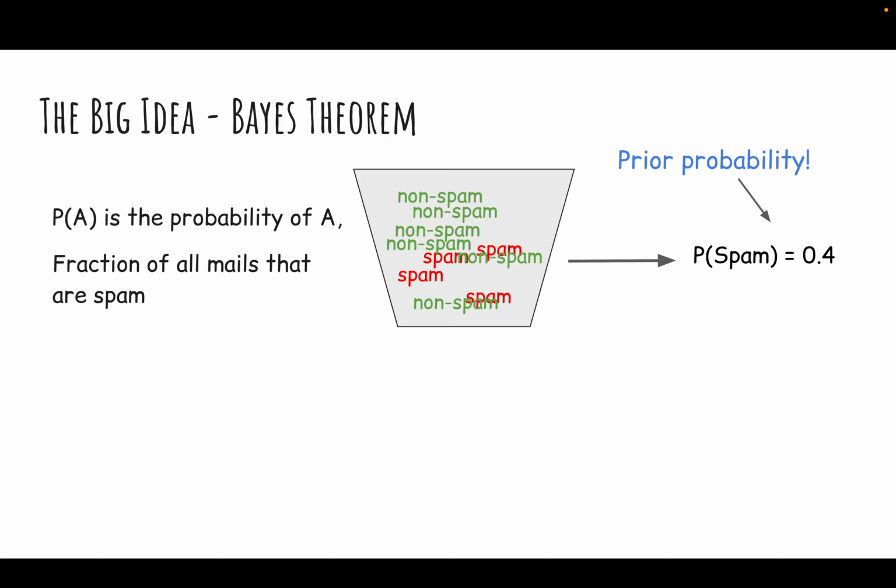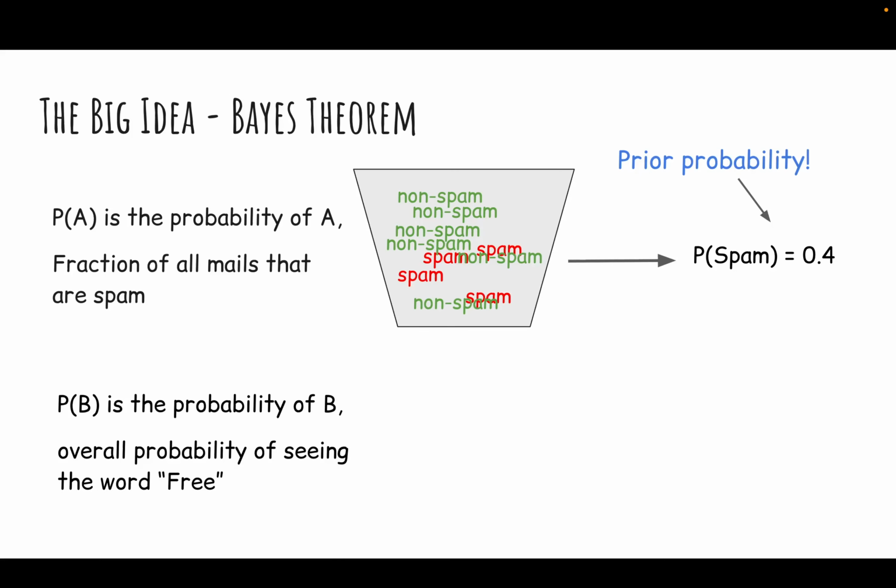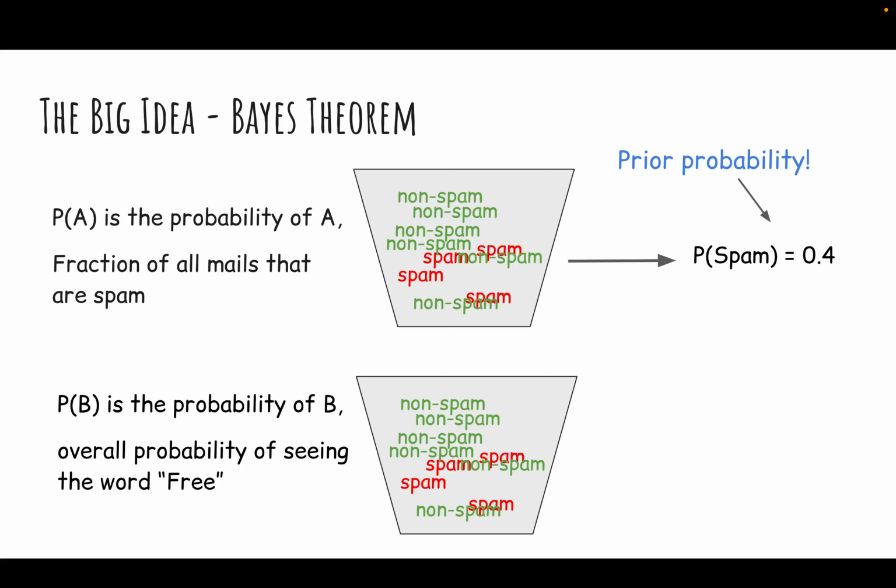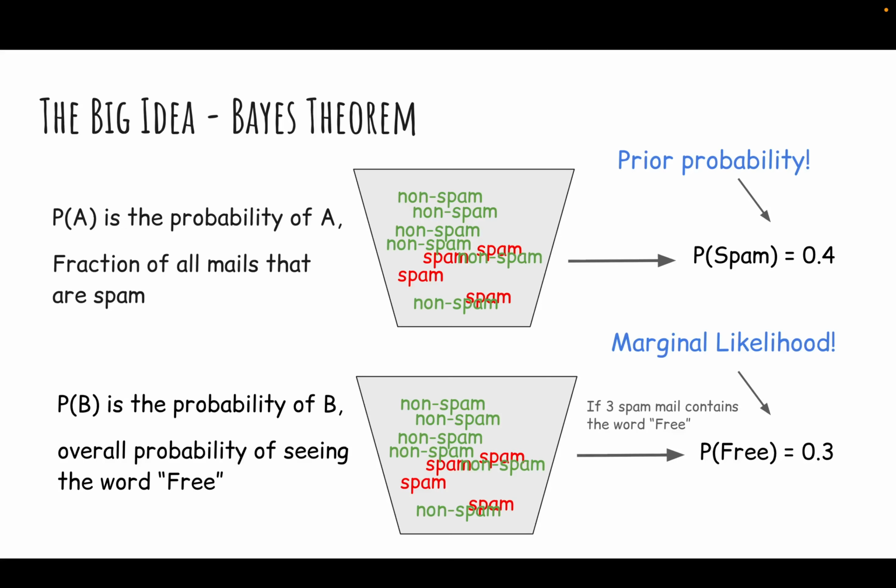Now P of B is the probability of B, which represents the probability of seeing the word free in your mails. Again consider you have 10 mails, and if 3 spam mails contain the word free, then the probability of free is equal to 0.3. This is our marginal likelihood. So now we understood each component of Bayes theorem. Let's apply that on a data set.